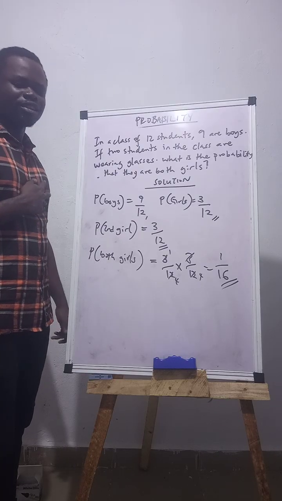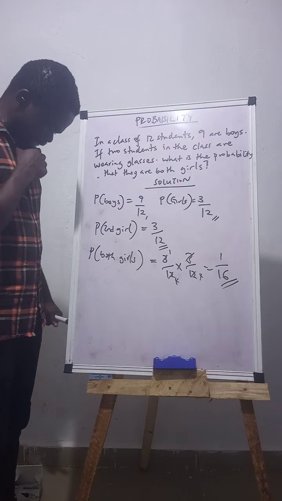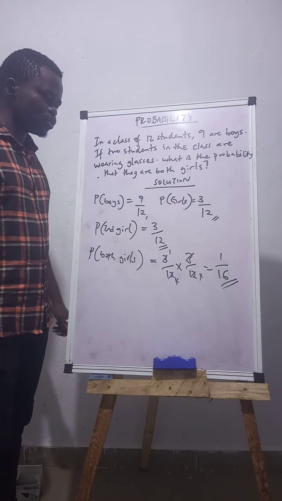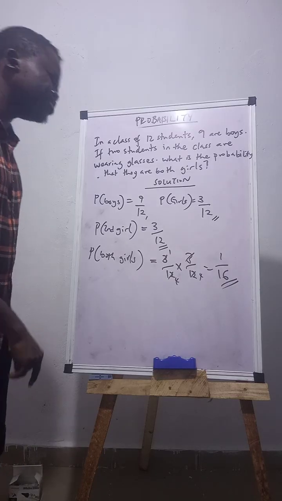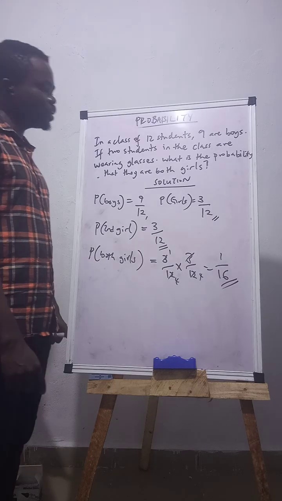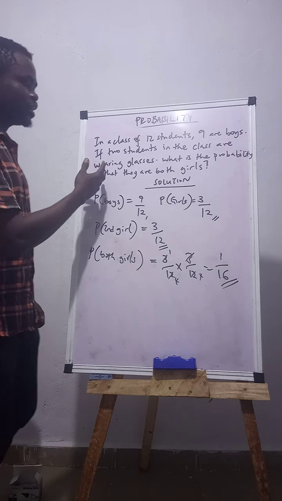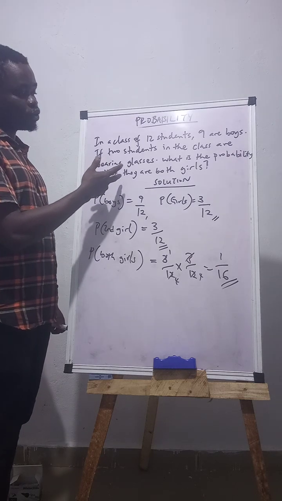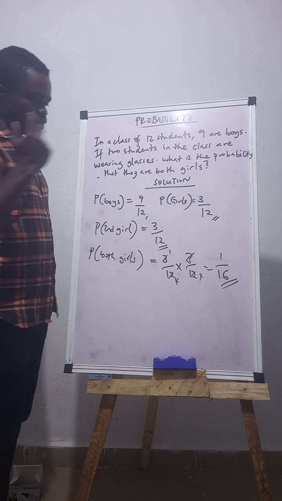Okay, they are wearing glasses, so the probability that one is a girl is 3 over 12, and the probability that the second one is still a girl is the same probability of all the girls. That's nothing to do with the boys. The probability that it is a boy is irrelevant here, because we are not looking for the probability of a boy, we are looking for the probability that they are both girls.